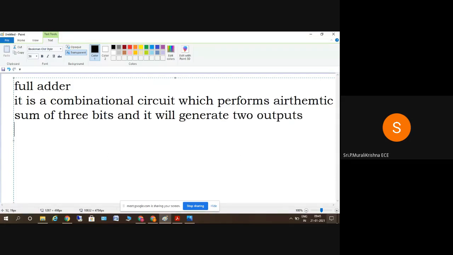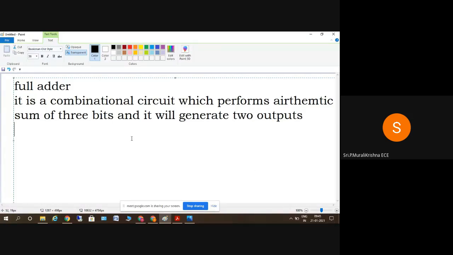So here we'll be taking 3 inputs, and we'll get 2 outputs.